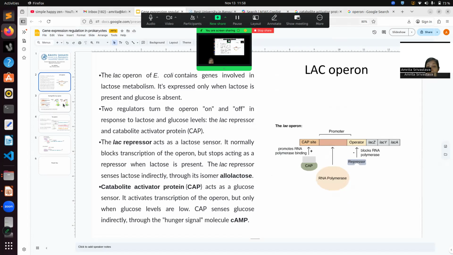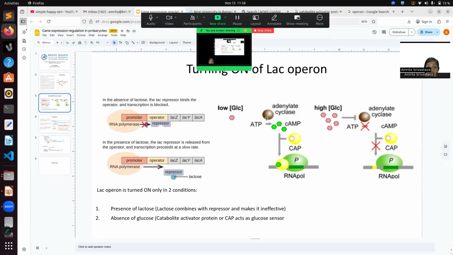So this is about the turning on of the operon. As I said, when the glucose level is low, the cAMP binds to the CAP protein and it promotes transcription by allowing the RNA polymerase to sit at the promoter.